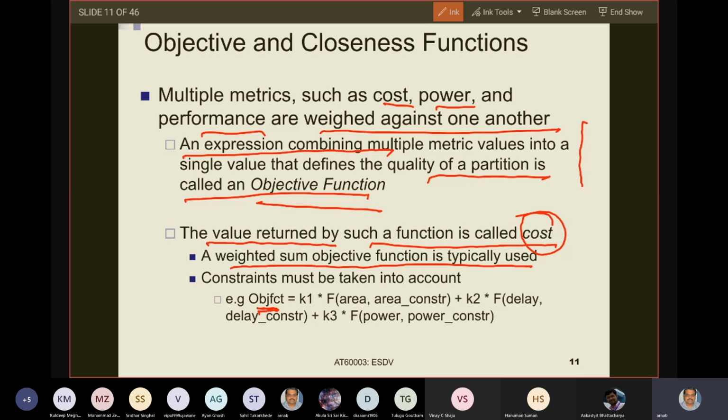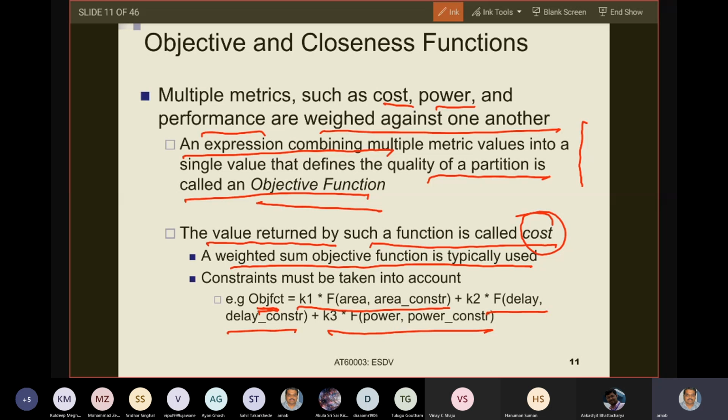The objective function could be a weighted sum of area, delay, and power. Let us say you have three weights, k1 plus k2 plus k3 equals 1. So you know how much of the weight will be taken by area, how much by delay, and how much by power.